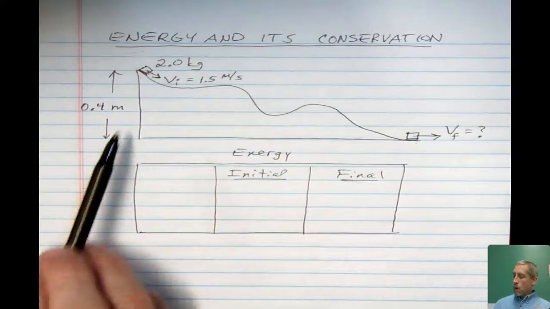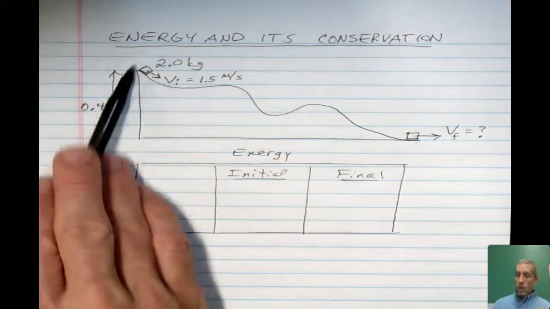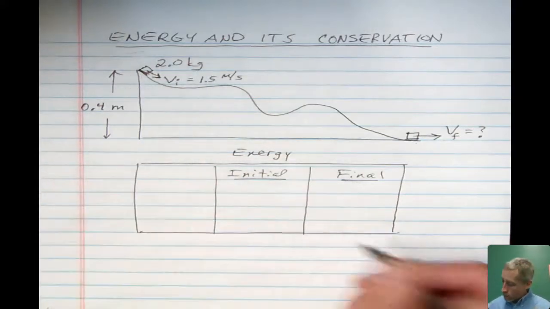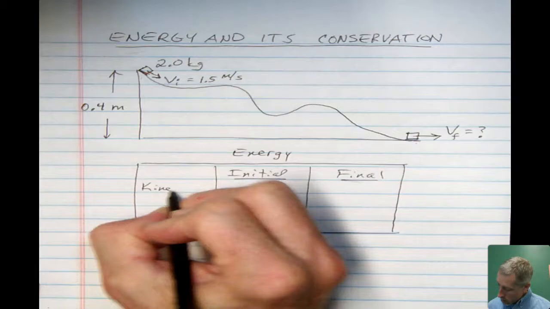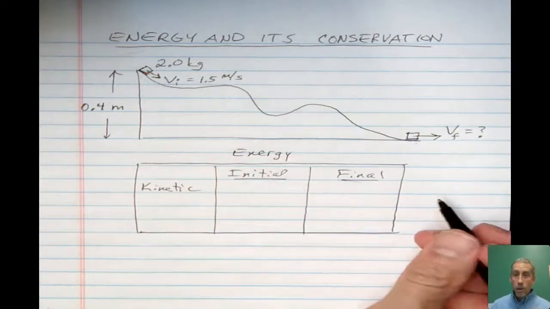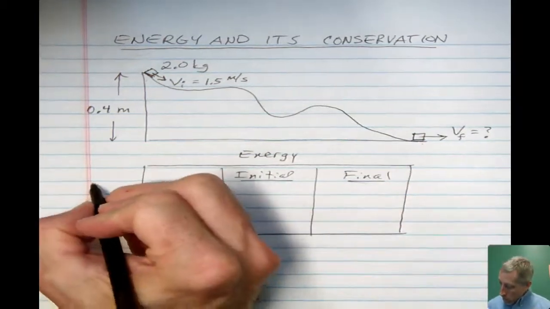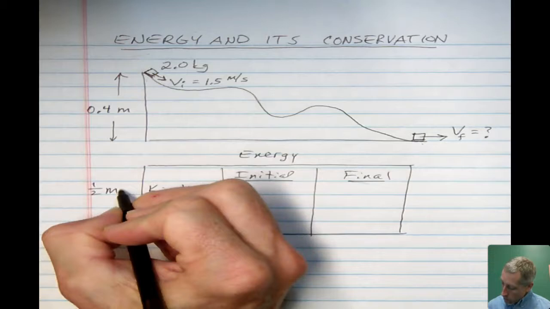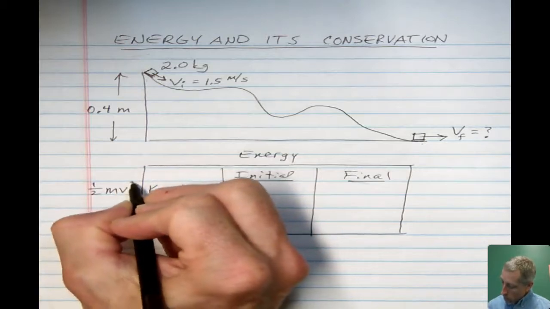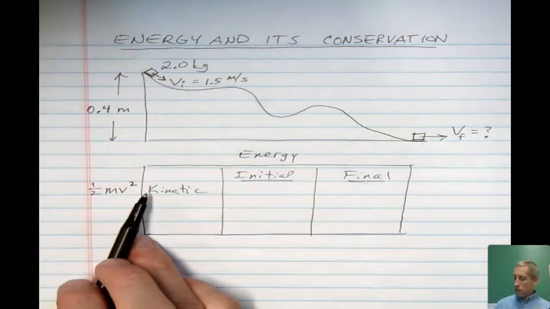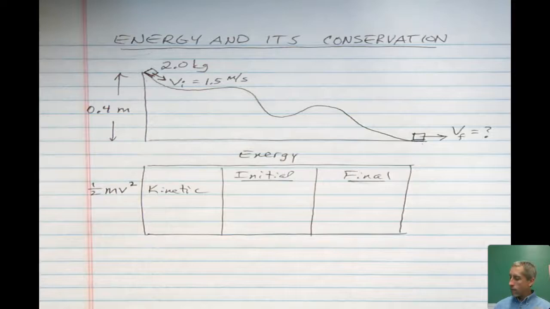So in this problem, I'm going to say at the beginning, it possesses some motion and therefore some kinetic energy. And we calculate that kinetic energy by doing 1/2 mv squared. That's the mass of the object, the speed squared, and then times 1/2. One important and very helpful property of energy is that it is a scalar.